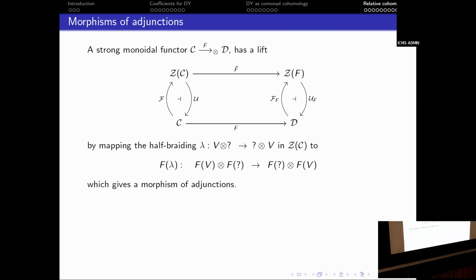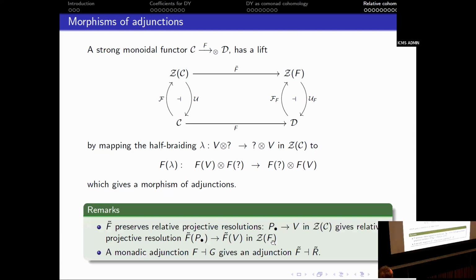Well, we are given a functor here, and actually this functor has a lift. It has a lift in a very obvious way, because if we are given a half braiding here, for an object here that comes with a half braiding, applying the functor gives us this type of natural transformation, natural isomorphisms obeying a hexagon. So we really get an output here. This is a lift.